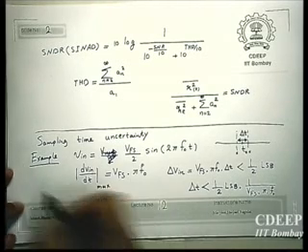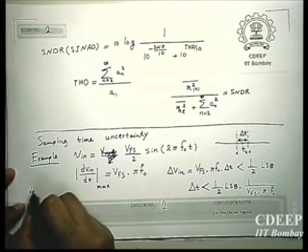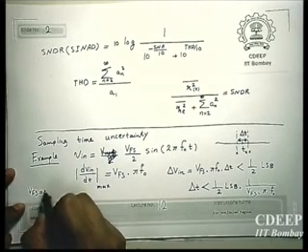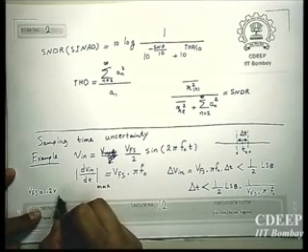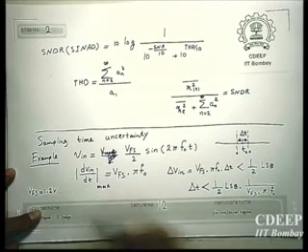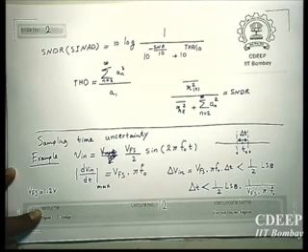For example, suppose your V full scale is 1.2 volt, and therefore your LSB size, this term actually, will be 1 upon 2 to the power n. So we don't even need to calculate it.